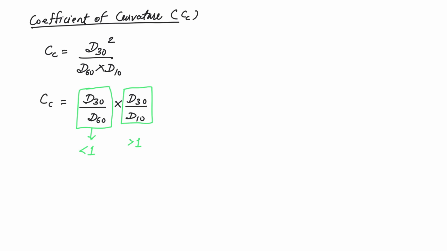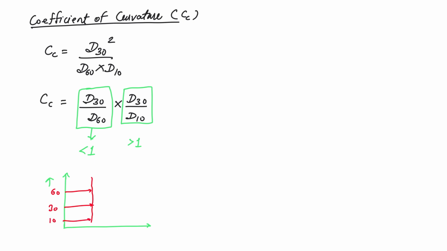But yes, also understand that this is actually indicating the rate of change of the percentage finer. See, let us suppose I plot a graph for the uniformly graded soil. See what I am seeing, D60 is present here, D30 is present here, D10 is present here.